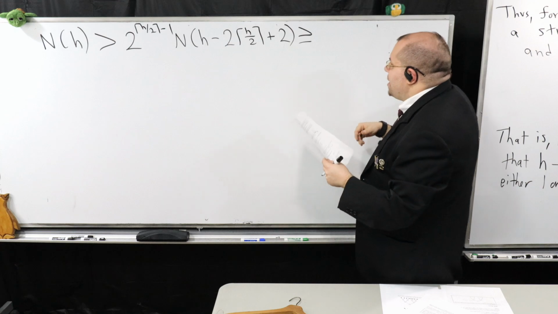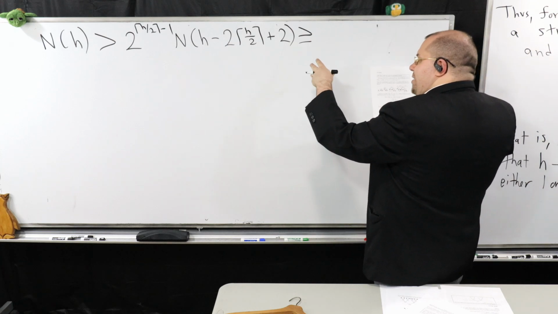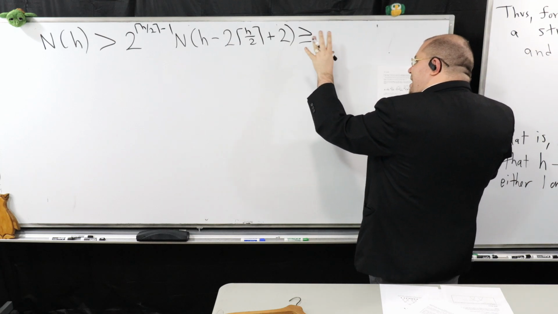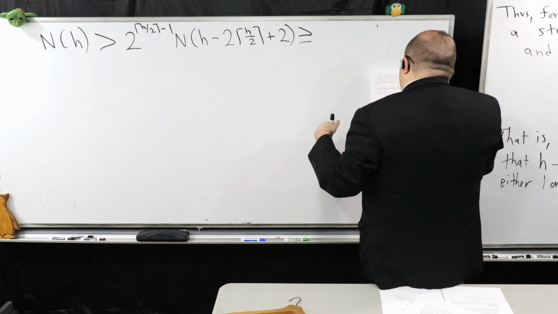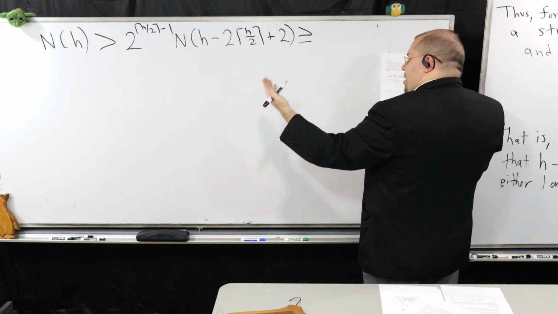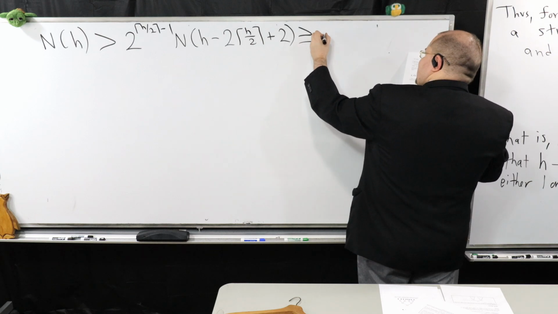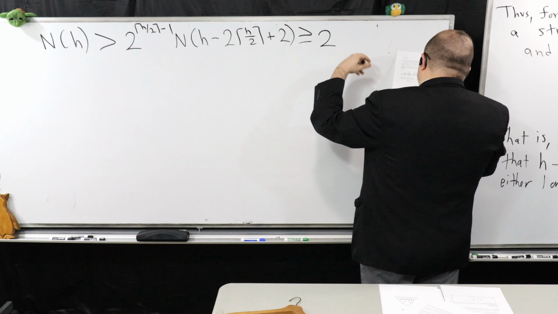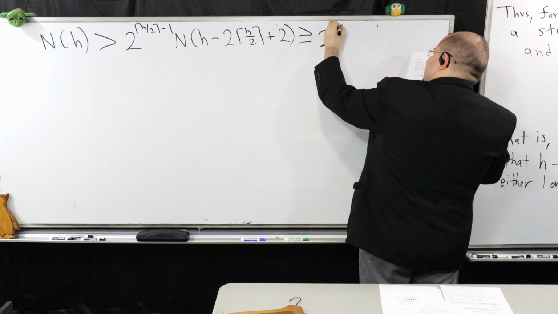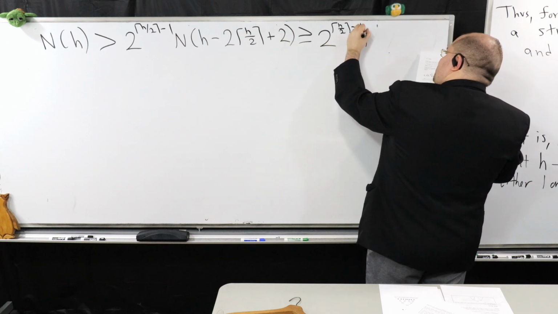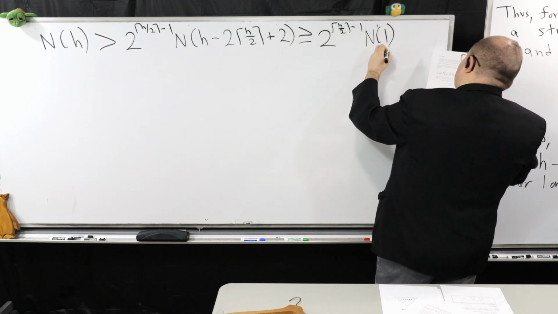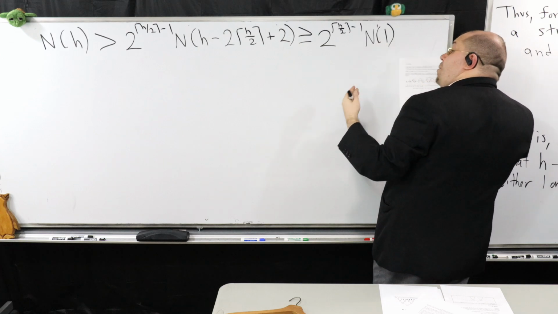Whatever I have here, if I put in something that gets it to be either 2 or 1, I'm just going to go with 1, because it's always smaller. Remember, n of h is a strictly increasing function. So I'm going to leave this like I had before and put n of 1 right here, and n of 1 is equal to 1.